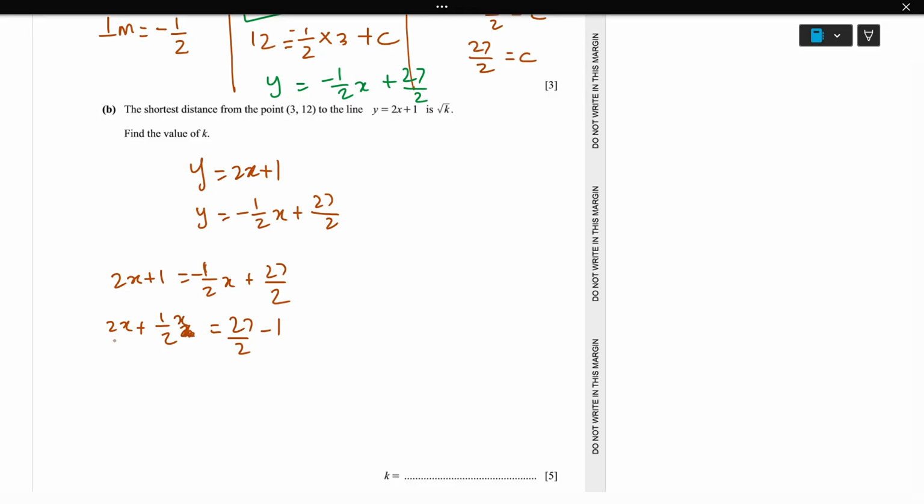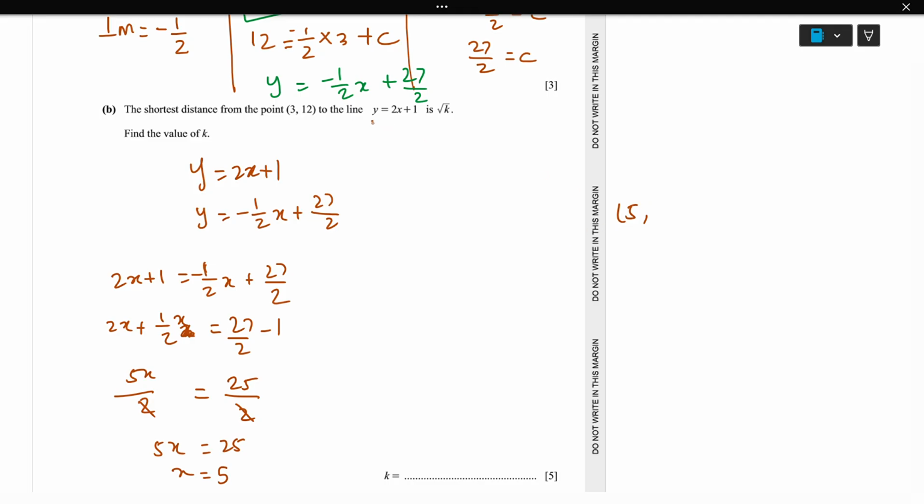So 4x plus x, 5x over 2 equal to 27 minus 2, making LCM here, over 2. So 25 over 2, get rid of the 2s. Okay, so 5x equal to 25, x equal to 5. We got one coordinate, the intersection x equal to 5.